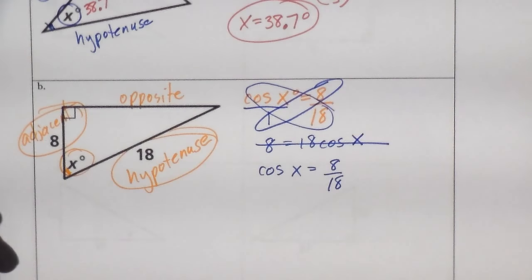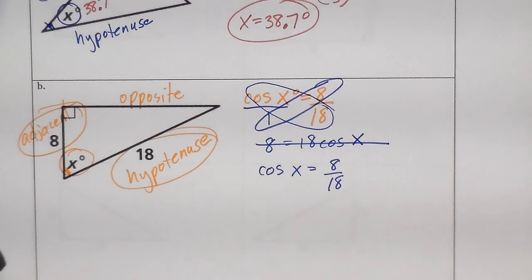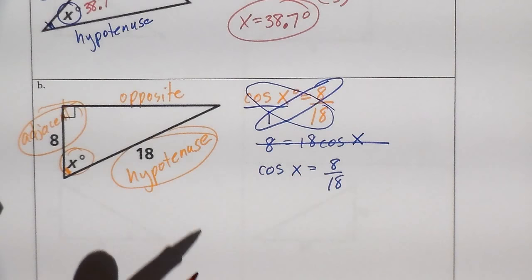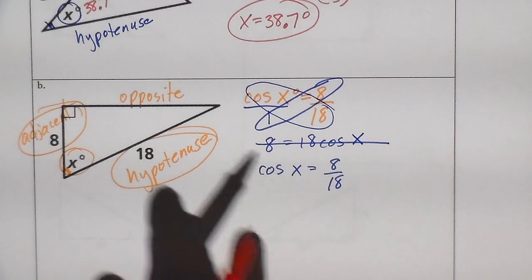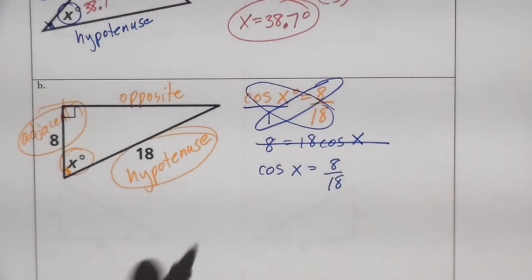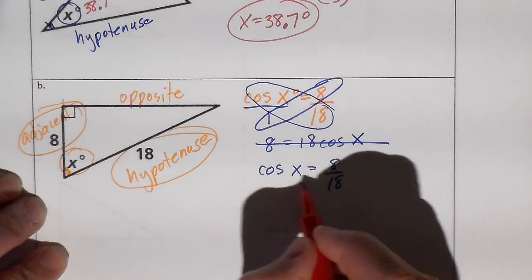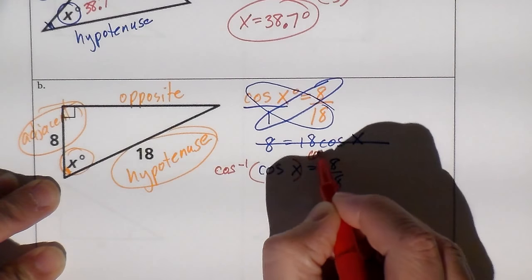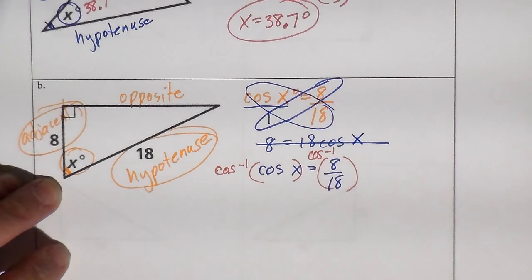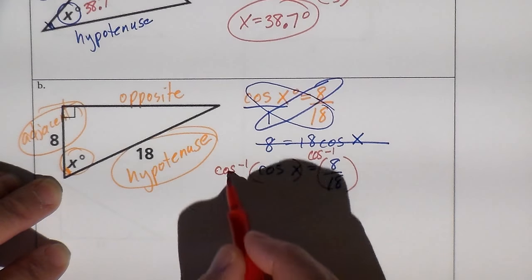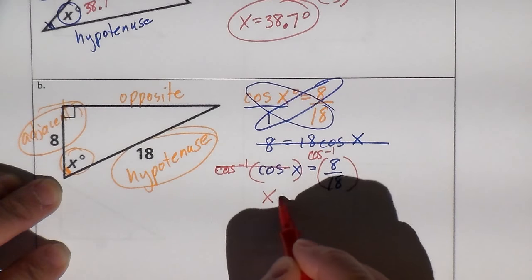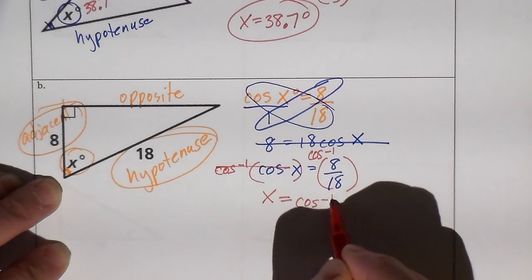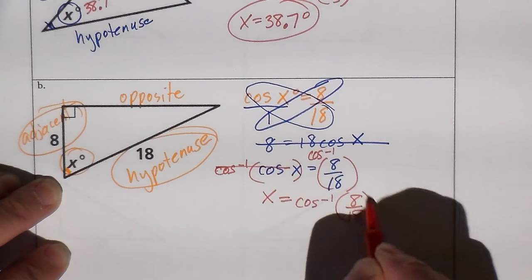A lot of you like to cross multiply every time, and you can't do that every time, because if I cross multiply this, where does it get me? Where I started. That's why you have to have the inverse functions. So I'm going to inverse both sides. I like showing you every possible mistake you can make, because then it shows you what you tend to do and what you shouldn't do. So when the inverses cut these out, this leaves you with just x, and then I have the inverse cosine of 8 over 18.